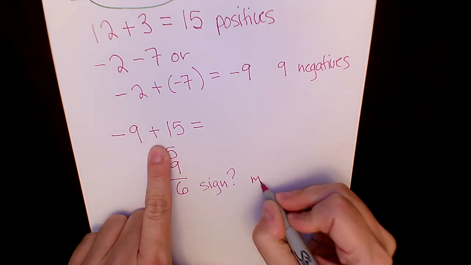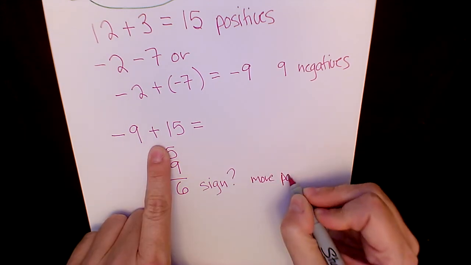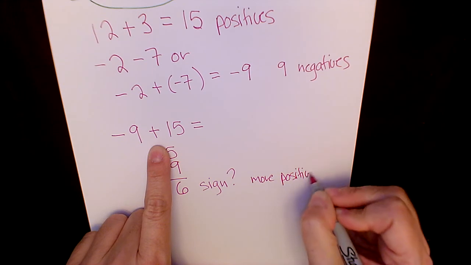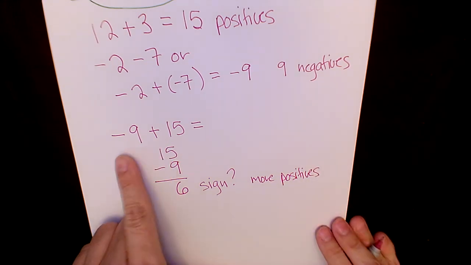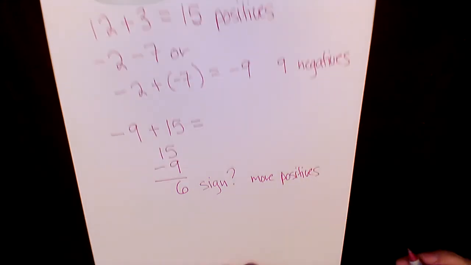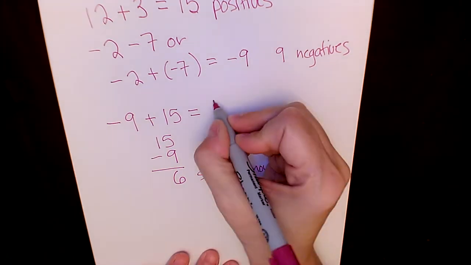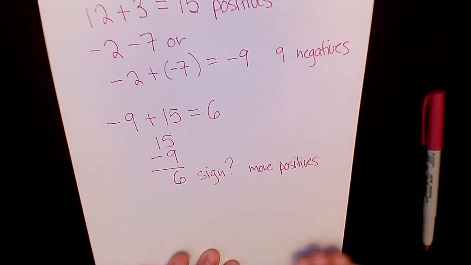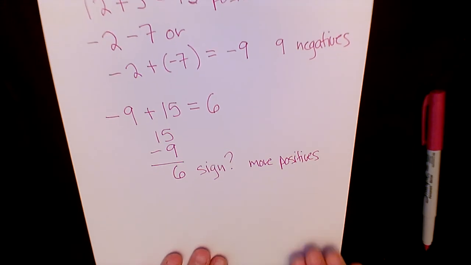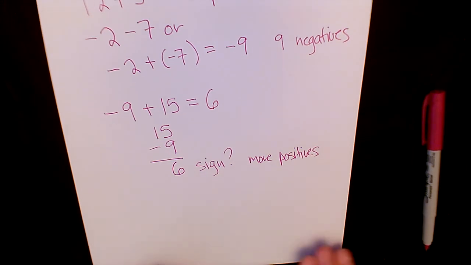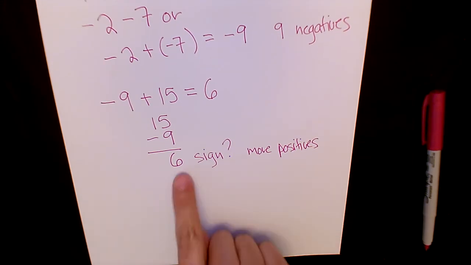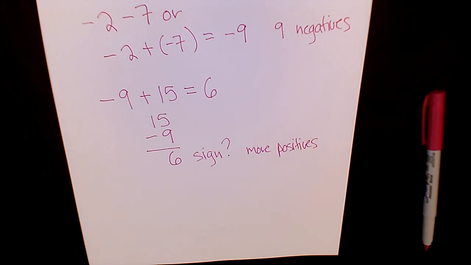Well, there's more positives because 15 has more positives than the 9 has negatives. So this is my answer. +6. Holy moly, I'm losing it. Okay, so my answer is +6 because there's more positives.